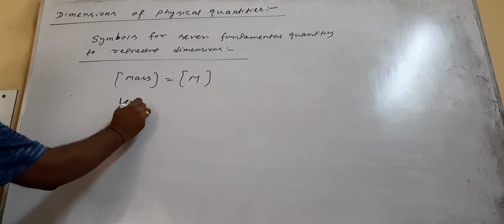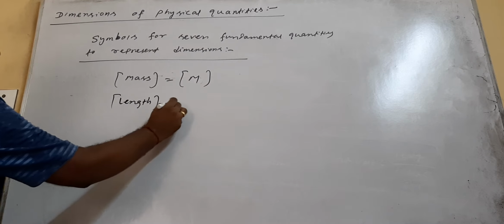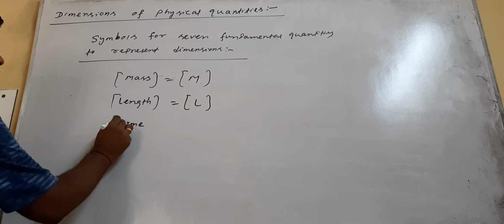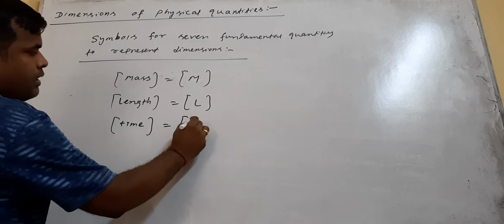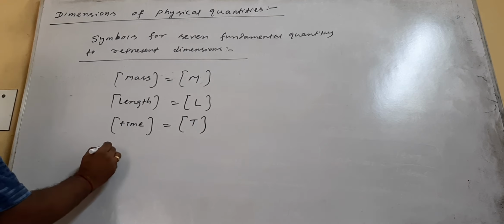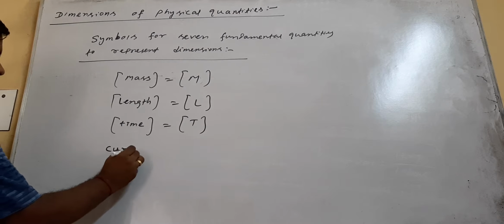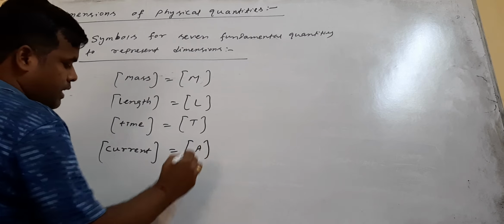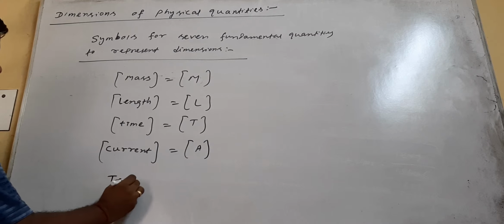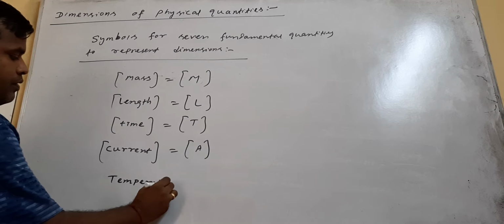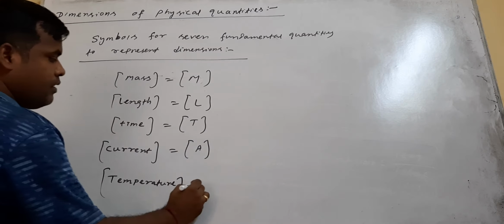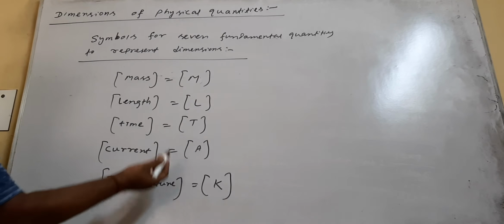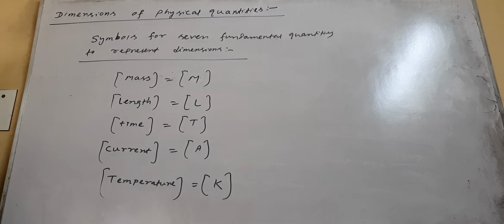Then length, that is L, time, that is T, current, that is electric current, that is A, temperature, that is K. Capital M, capital L, capital T, capital A and capital K.